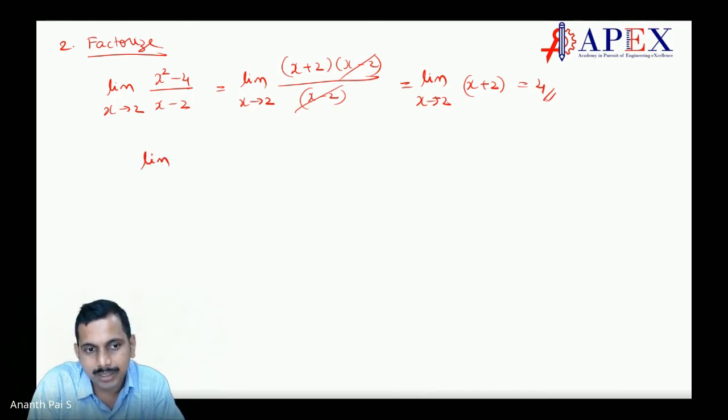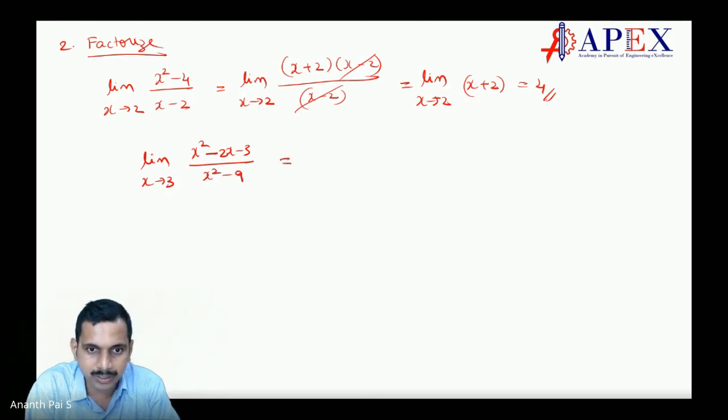Take limit x tending to 3 of x squared minus 2x minus 3 divided by x squared minus 9. When you factorize, this can be written as limit x tending to 3 of x minus 3 and x plus 1, over x plus 3 and x minus 3. I hope you know how to factorize, students.